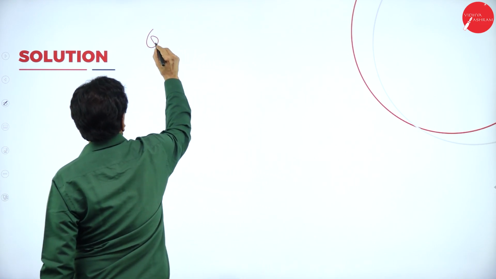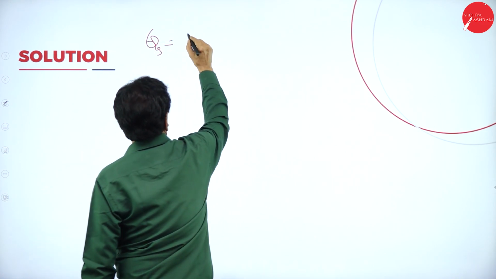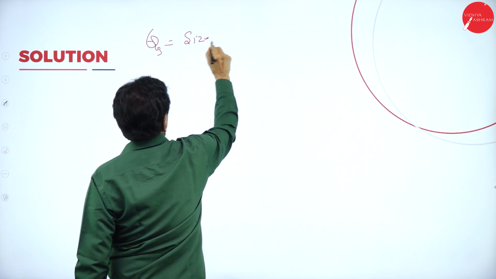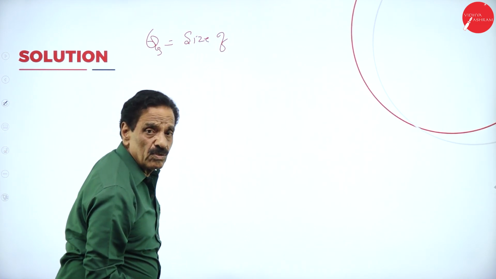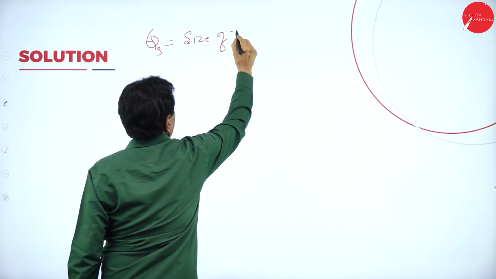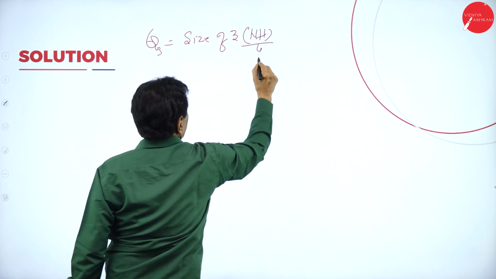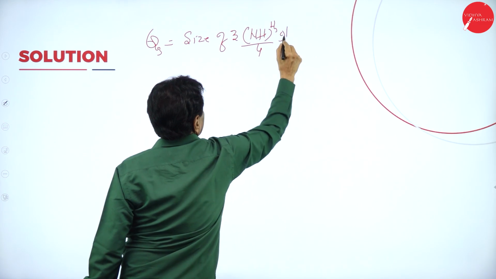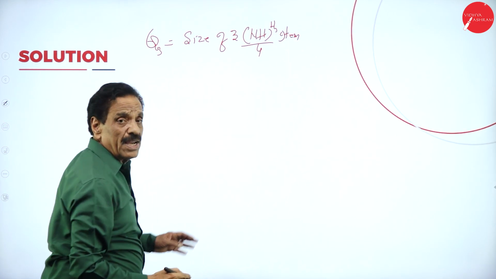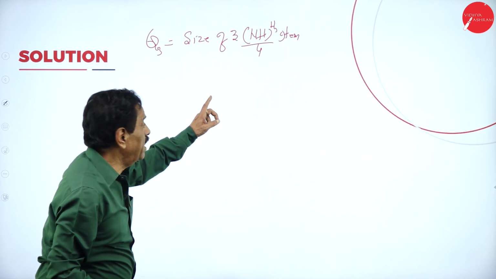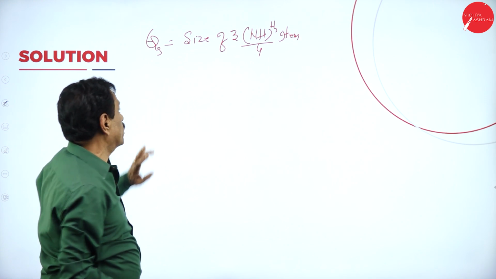Q3 is equal to the size of 3 into (n plus 1) divided by 4th item.